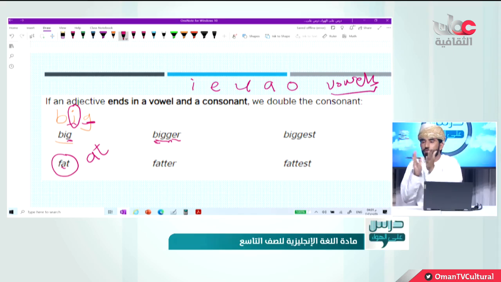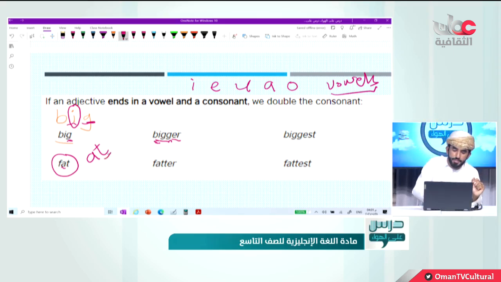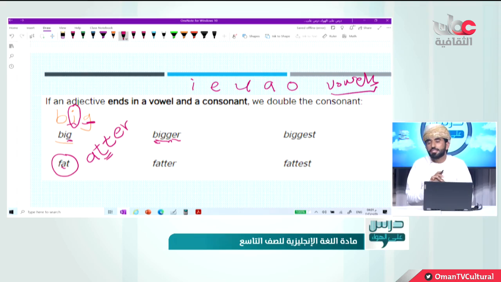Excellent, correct. We double the consonant again, and then we add ER if it is comparative. If it is superlative, we double the T again, and we add EST. Exactly. Thank you. Very nice.